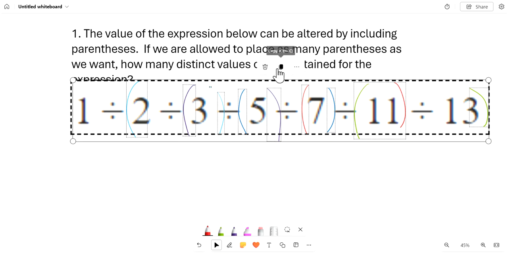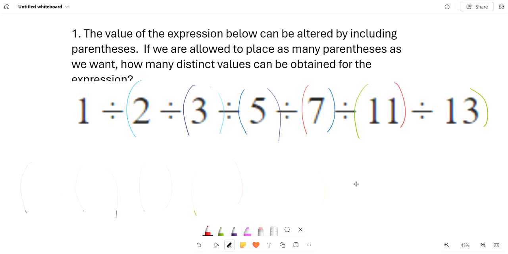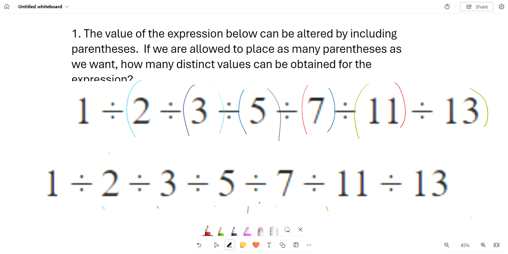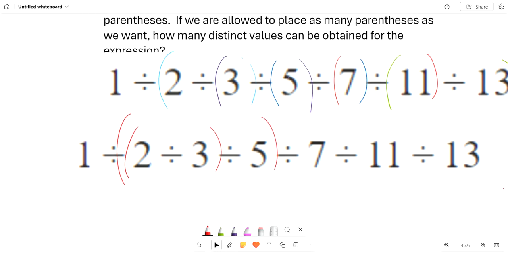So basically like this. Then this would basically just be 2 over 3 divided by 5. And so just 2 over 15.